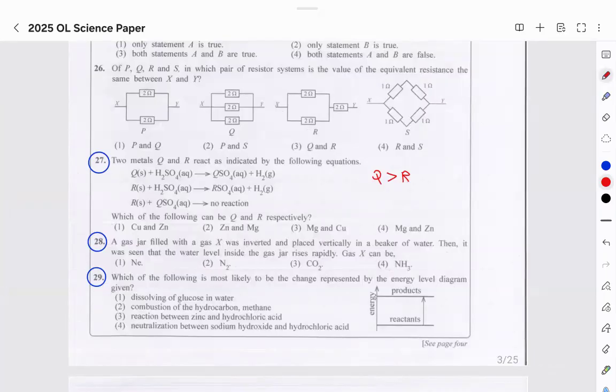Is it? What do you think? Explain to me. Which one should be the correct answer?